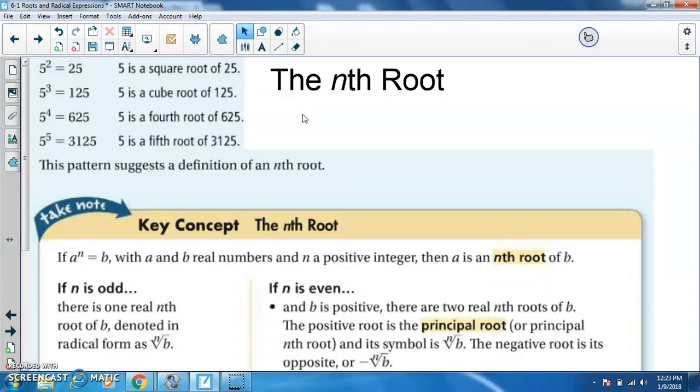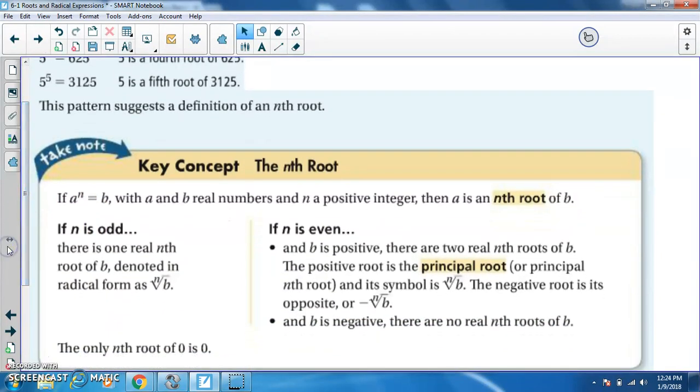So if n is odd, there is one real nth root of b, denoted in the radical form as the nth root of b. If n is even and b is positive, there are two nth roots of b. The positive root is the principal root, and its symbol is the nth root of b.